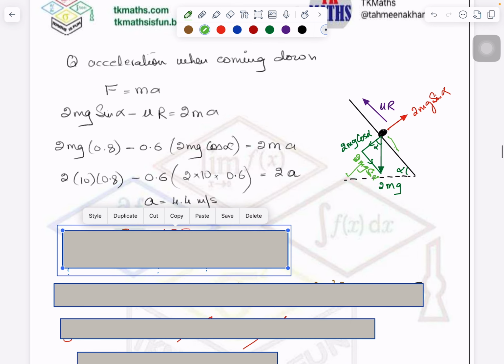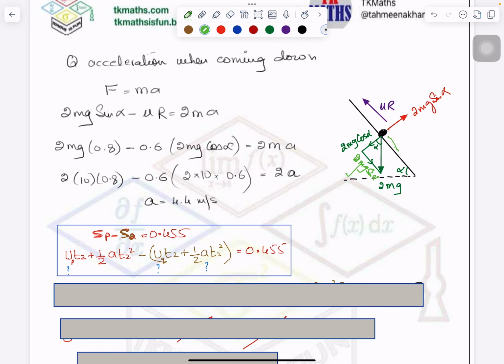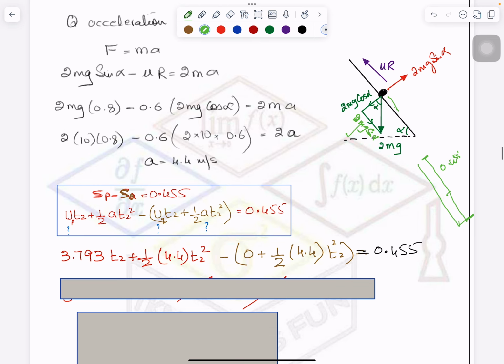So now in this formula, I will substitute all the values which I have to get the time taken when P and Q were 0.455 meter away and they took time to hit each other again. This is what I'm doing now. So after substituting the values, you can see here, this is the velocity we have calculated.